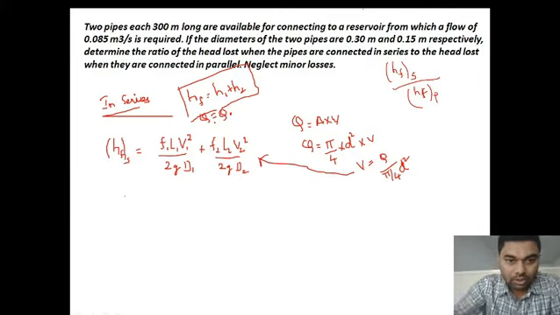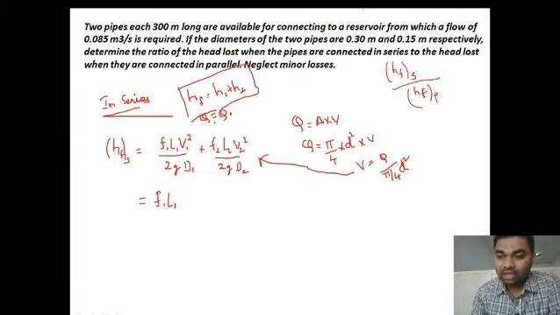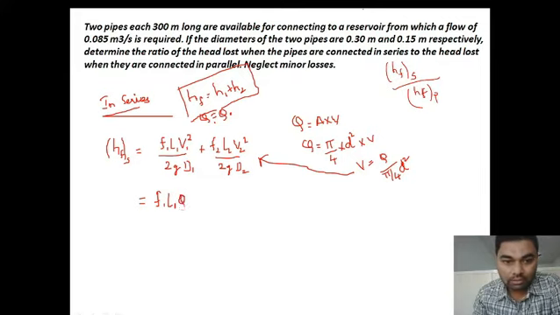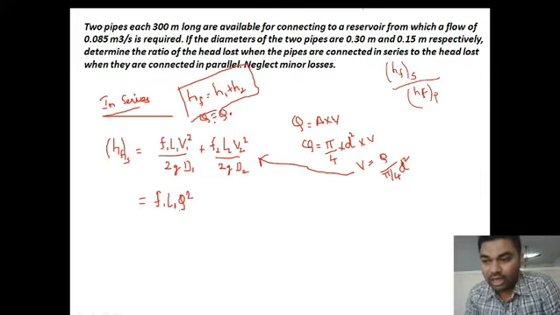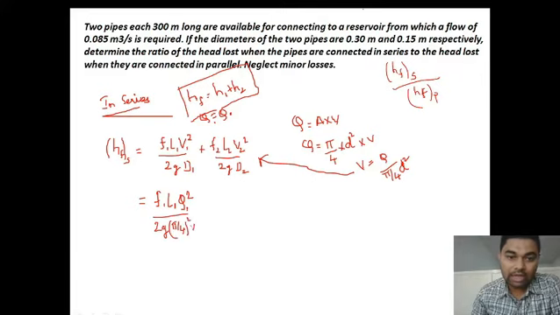So, replacing the V value with the Q value, for the first pipe we get F1 L1 Q1 square by 2G pi by 4 whole square into D1 to the power of 5.